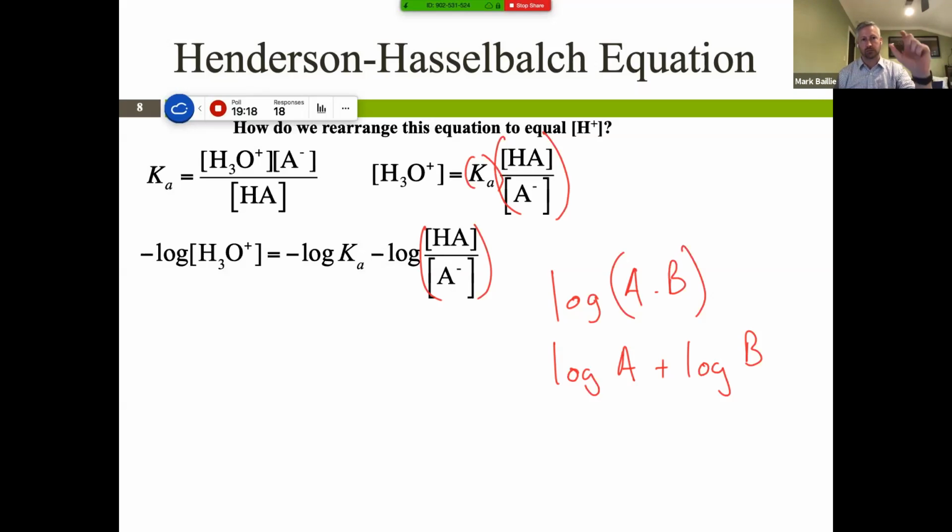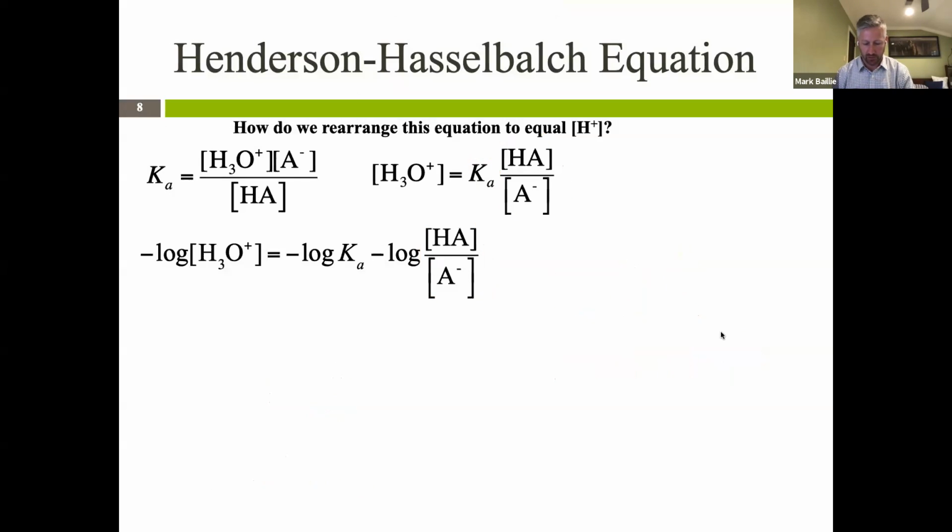One of the other rules about logs is if you do log of A over B, then you can invert the sign, and that would equal negative log of B over A. So by changing the sign in front of the log, that flips your fraction. That's probably more than you want to know about logarithmic rules, but it's going to help you follow what I do next.